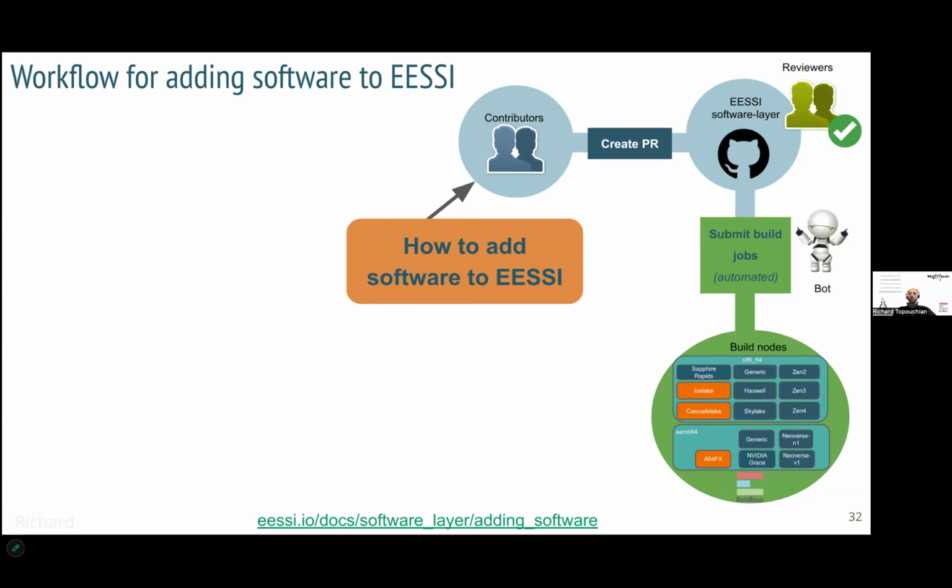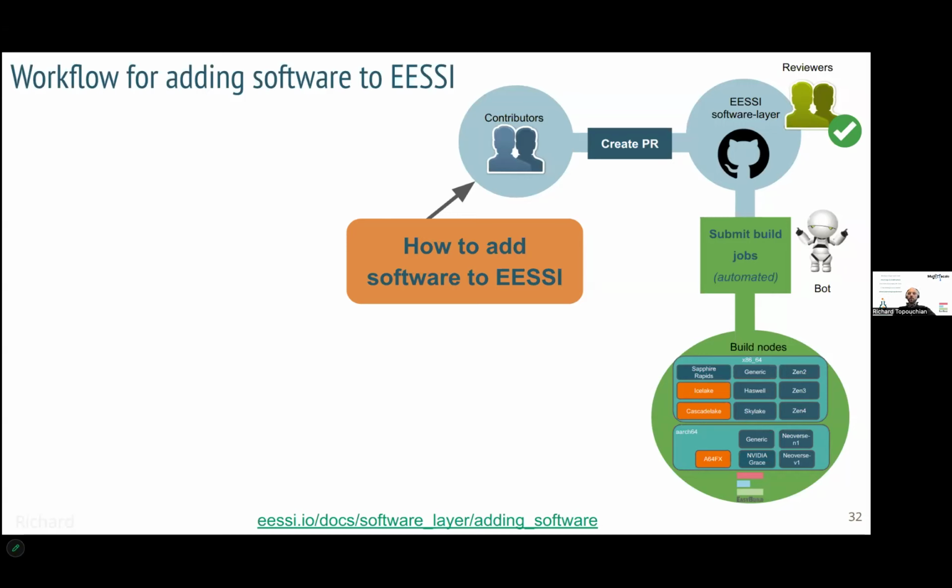Then jobs will be submitted to bots on different systems, which build the software on different nodes with different CPU microarchitectures to make sure that the software is optimized for a specific CPU microarchitecture. And as we can see here, Easy already provides software stacks optimized for different x86 and ARM CPU microarchitectures.